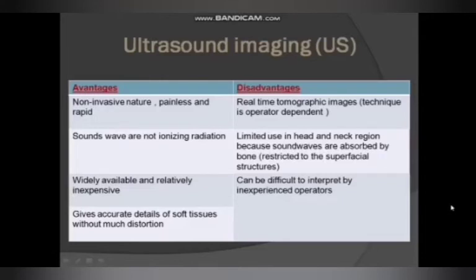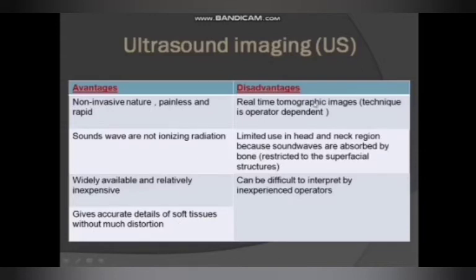Now let's talk about the advantages and disadvantages of ultrasound. The advantages of ultrasound are that it is non-invasive, painless, and rapid, and it has no harmful effect on tissue. Sound waves are not ionizing radiation. It's widely available and relatively inexpensive. It gives accurate details of soft tissue without much distortion.